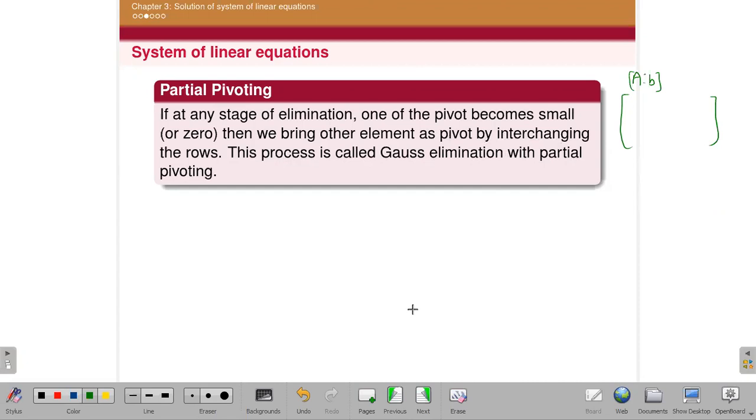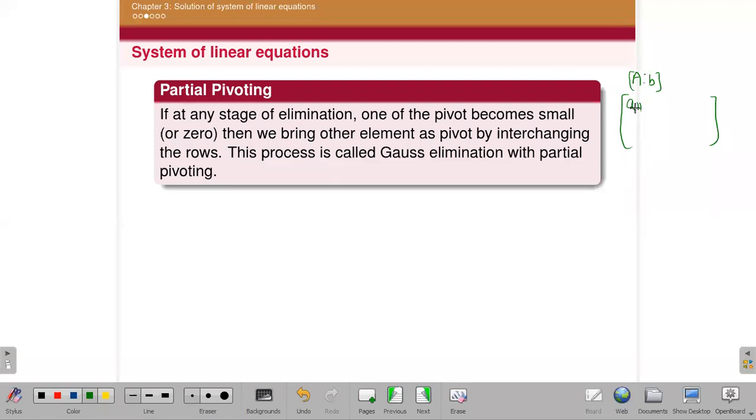Generally in the simple Gauss elimination method, if our pivot element becomes 0, then we replace it with any row where we get a non-zero number. But in partial pivoting, we will interchange not only when it is 0 but even when we get a smaller number.